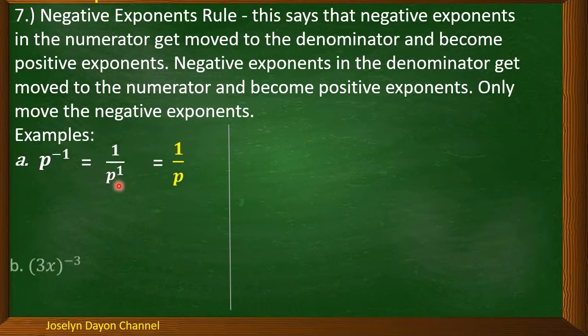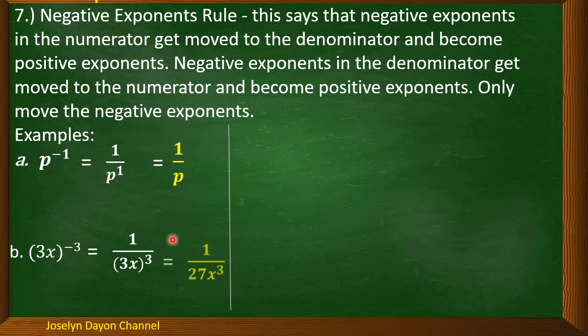Okay, another example. Quantity of 3x to the power of negative 3. We have 1 as our numerator, and then you copy this quantity of 3x to the power of 3. Here, we already removed the negative sign. Then we'll simplify, applying the previous law of exponent.